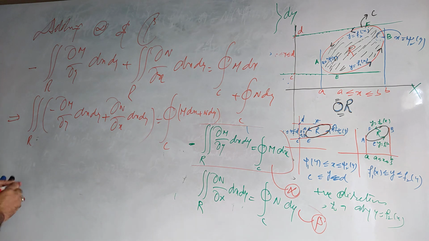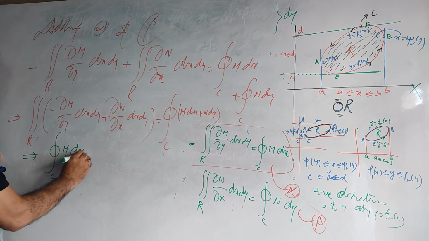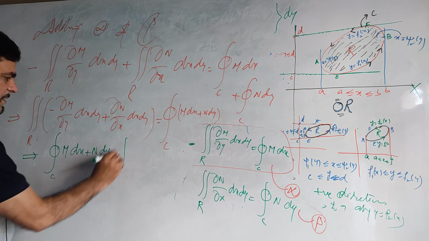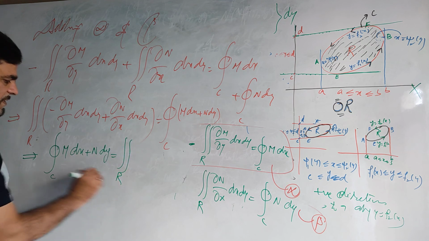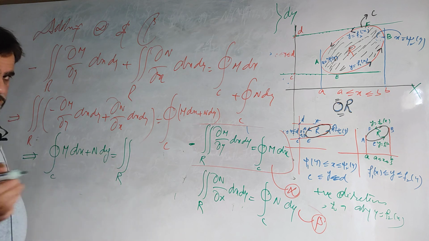So we have proved the theorem. We have proved that the line integral over the closed curve C, where m and n are both functions of x and y, m dx plus n dy, can be expressed in terms of the surface integral over the region R. Region R is enclosed by the closed curve C, as we state in this statement.